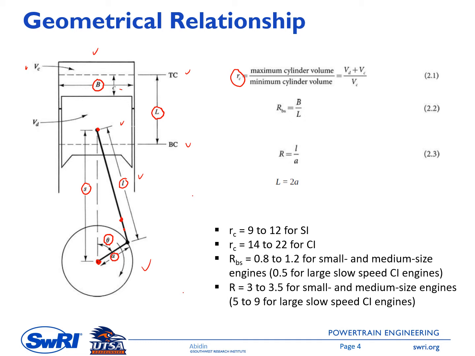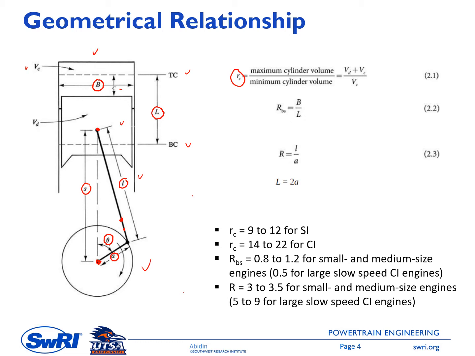Okay, compression ratio, I think you already learned about this briefly in Thermo 1 and Thermo 2. Compression ratio is the ratio of maximum cylinder volume to the minimum cylinder volume. The maximum cylinder volume occurs when the piston is at bottom center.